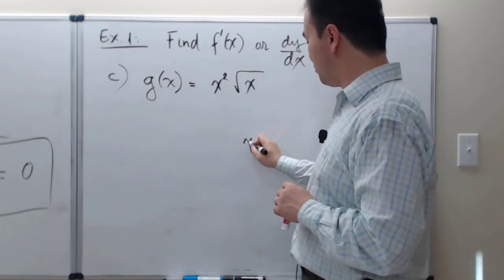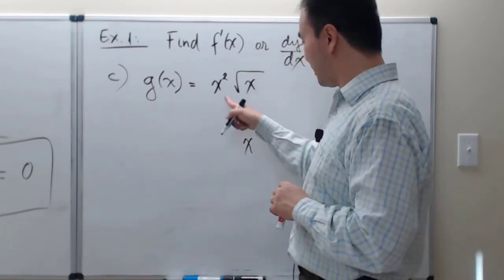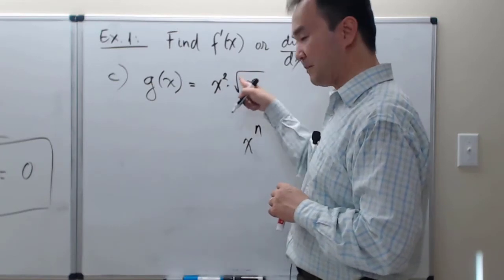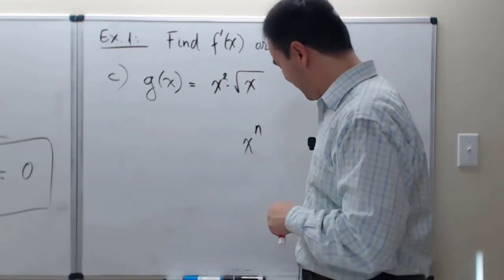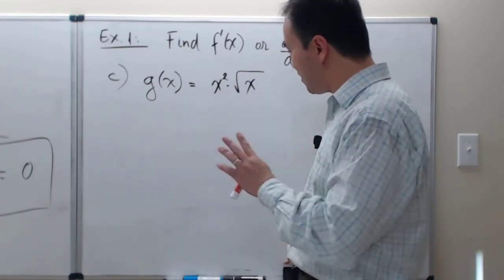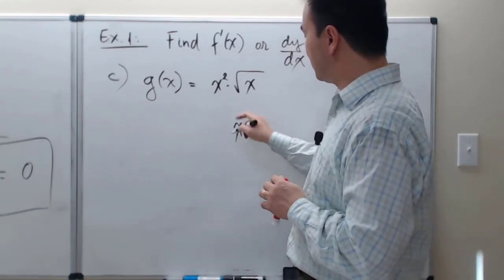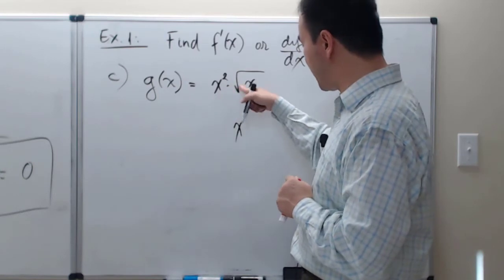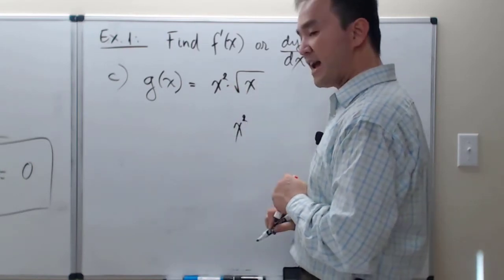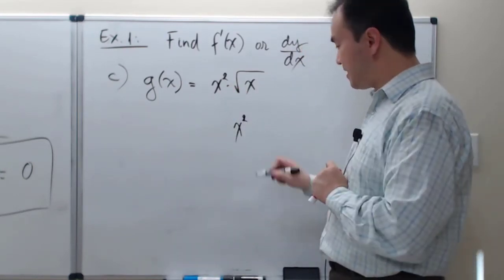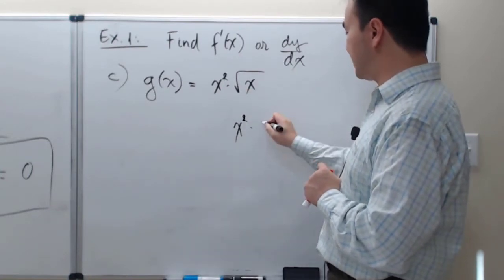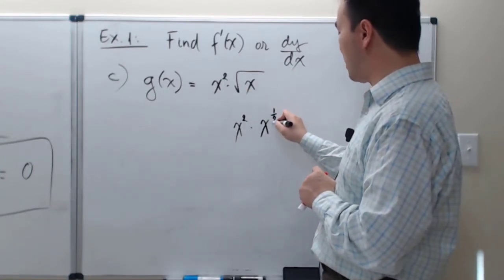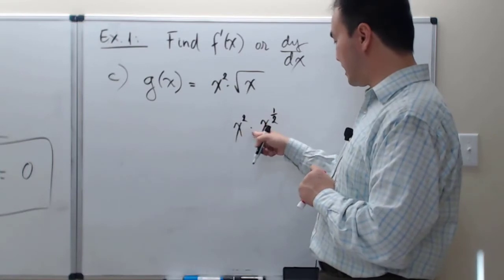The point is one x to one power, not a product of two separate powers. Notice again that there is a multiplication here. It's a product of x squared and square root of x. So x squared already has its own power clearly displayed, but the square root of x must be rewritten as a power 1/2. So x squared times x to the 1/2.